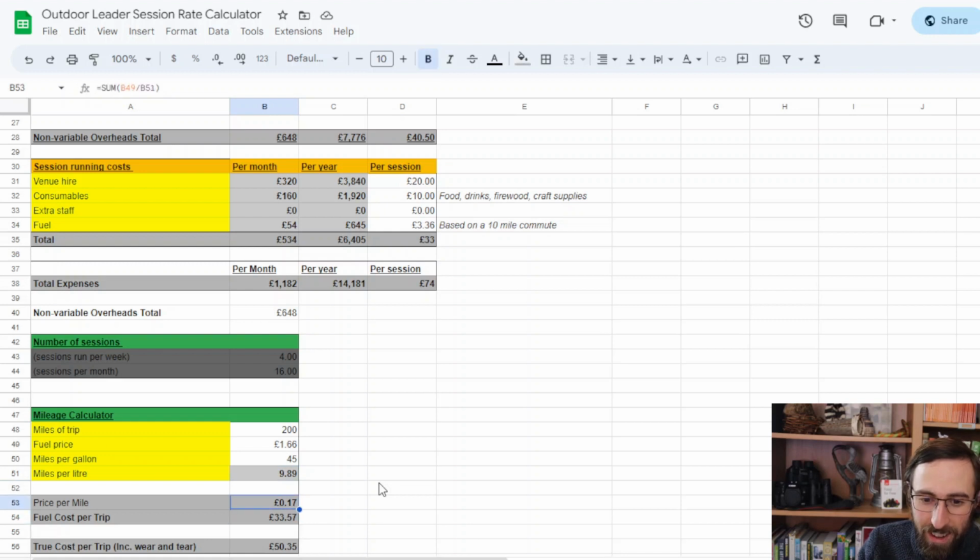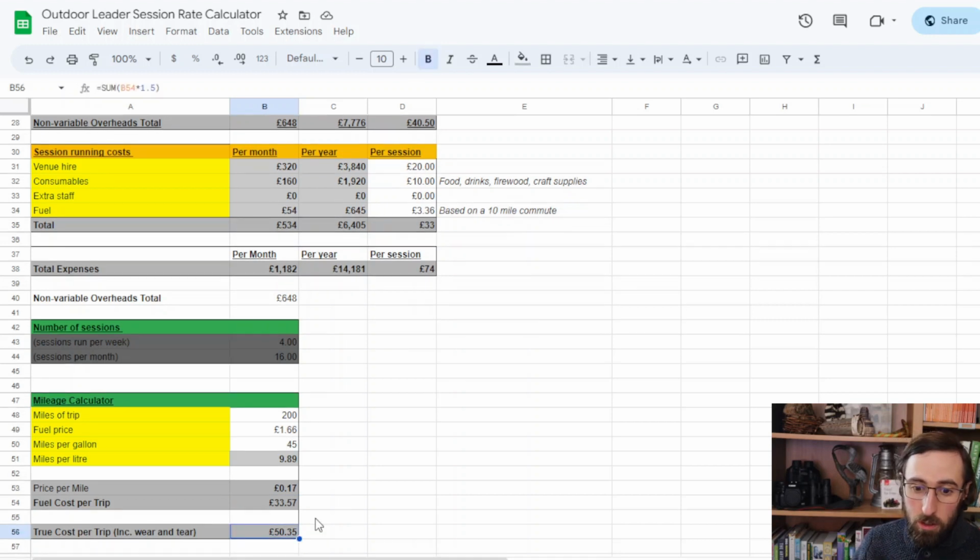Okay, moving on. So this gives us a price per mile of 17 pence, and a 200 mile trip costs me roughly £33.57 in fuel alone. But as we all know, cars and vans being the black holes they are, you can't just calculate in fuel. You will also likely have to calculate in servicing and maintenance costs.